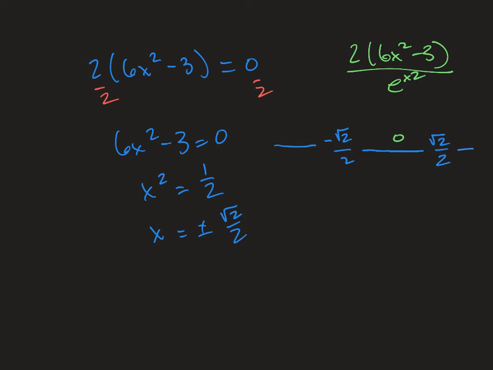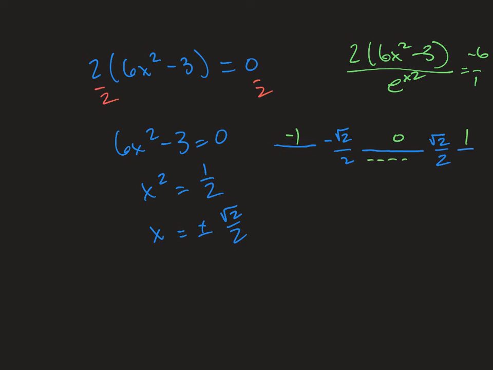One that's bigger than the square root of 2 over 2. The square root of 2 over 2 is like 0.7 something. So I'm going to put a 1 in and a negative 1 in. And when I plug 0 into this thing, I get negative 3 over e to the 0, which is 1. So that's negative.